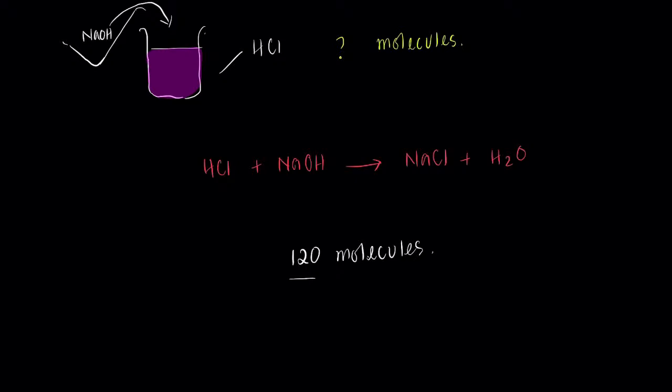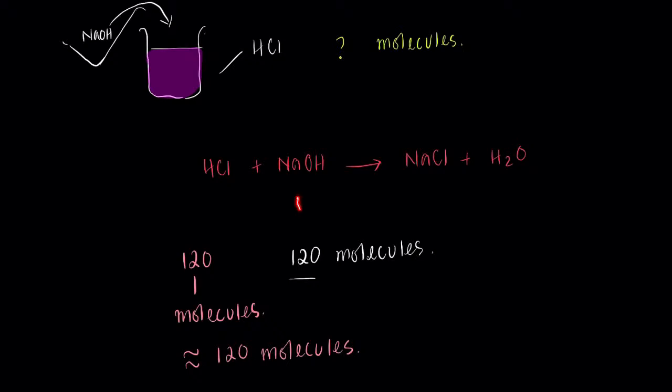Does that tell me I have exactly 120 molecules over here? Can I argue if it's not 120, it's very close to 120? Can I argue that? I mean, otherwise it would be 119.